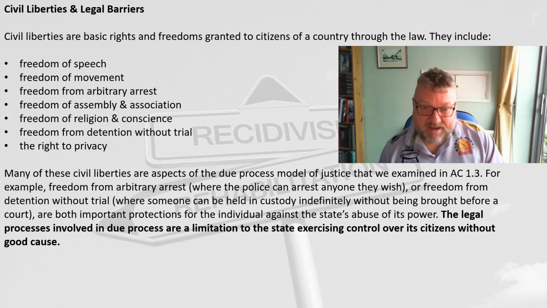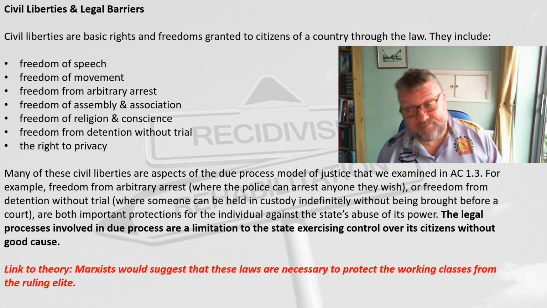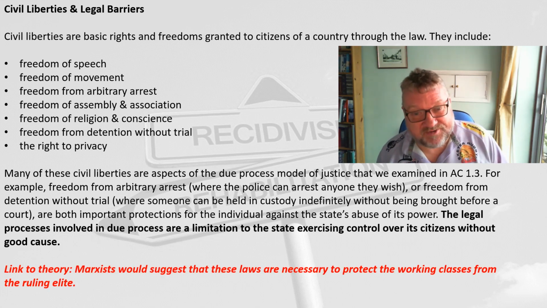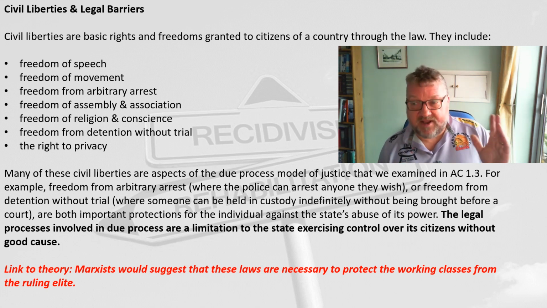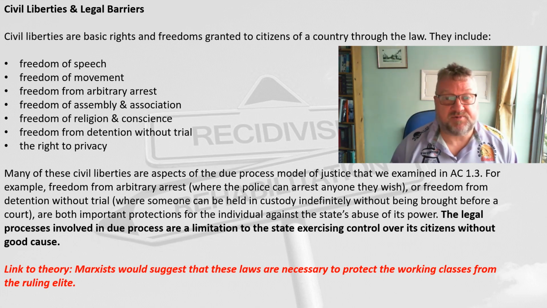So it is a barrier to social control, due process. I would say it's a good barrier, but some may not. So we link that to theory. Marxists would suggest that laws are necessary to protect the working class from the ruling elite, to protect the proletariat from the bourgeoisie.